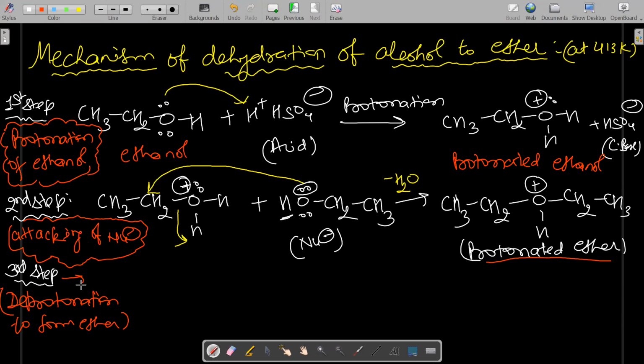So again, I am writing this protonated ether, CH3CH2OH positive CH2CH3. Now from this ether, there will be a loss of this H plus.